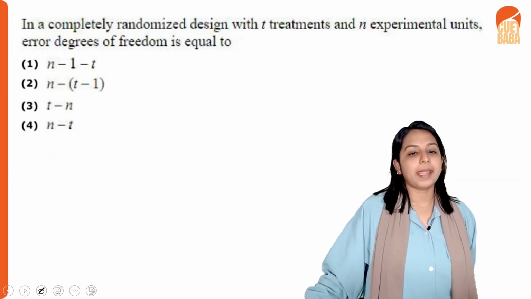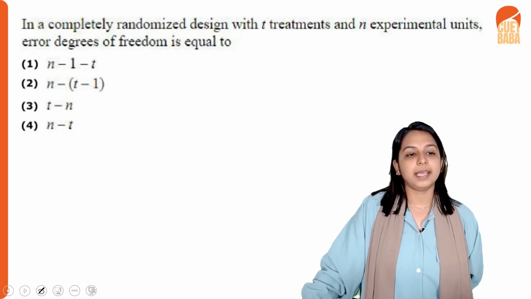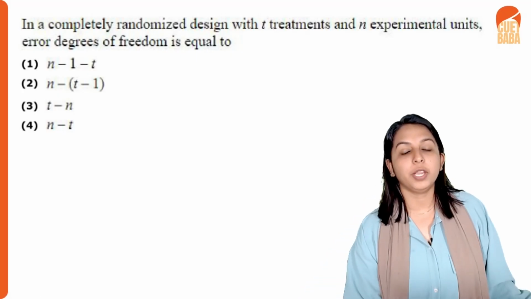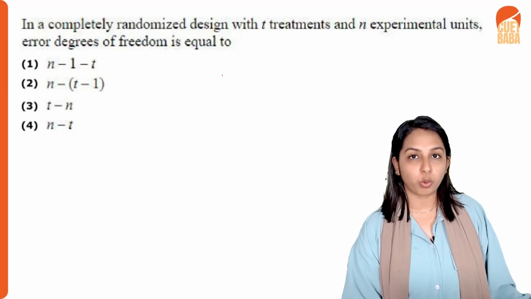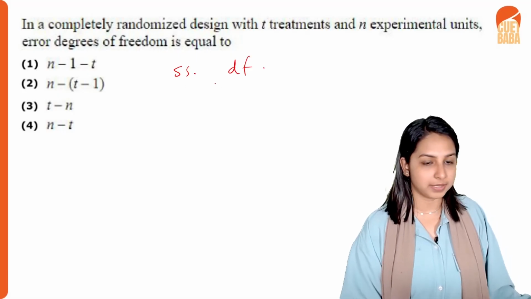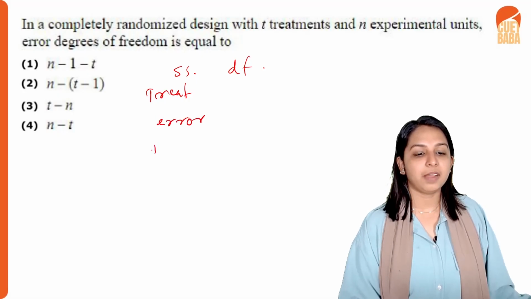In a completely randomized design with T treatments and n experimental units, the error degrees of freedom is equal to. So for a completely randomized design, if you are drawing an ANOVA table, we consider sum of squares and degrees of freedom only. First one will be treatment, then error, and we have the total.